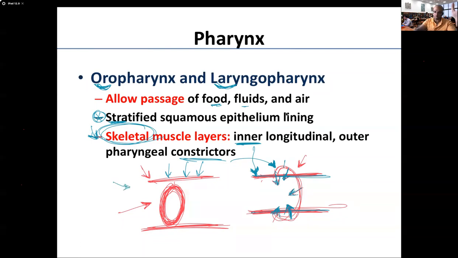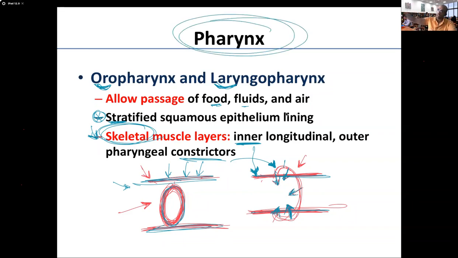General rule, inside I have circular muscle layer. Outside I have longitudinal muscle layer. First exception for this general rule, it's in my pharynx. I have outer circular, inner longitudinal. Make sense?